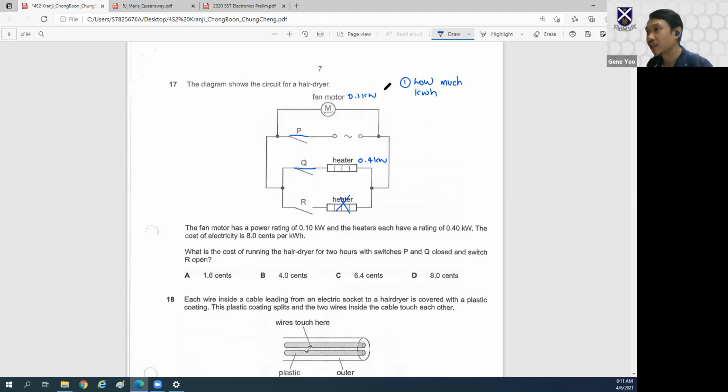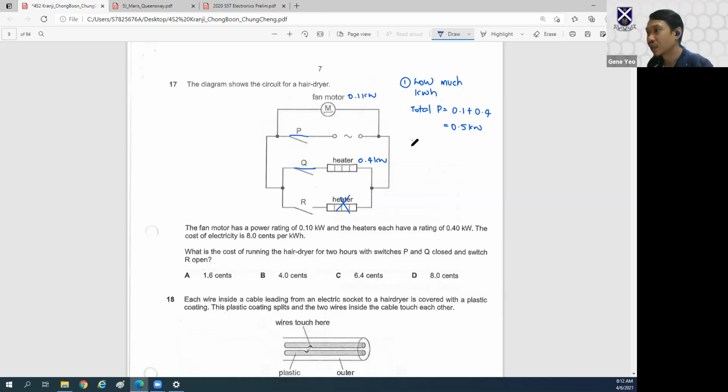So we have this fella and we have this fella. So the total power is 0.1 plus 0.4, which gives me 0.5 kilowatts. But this is power. We still haven't calculated energy in terms of kilowatt hour.